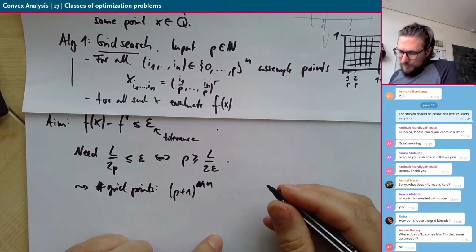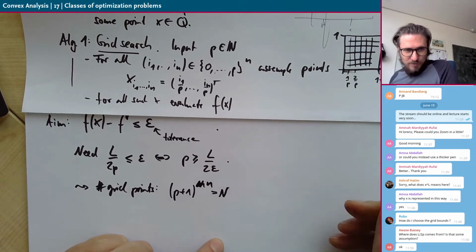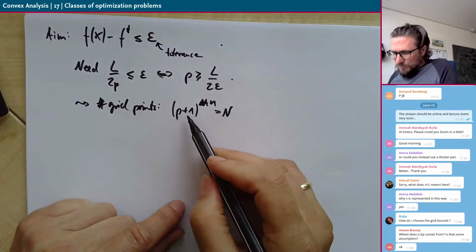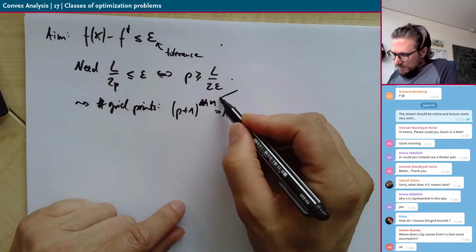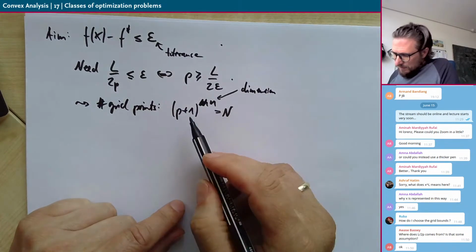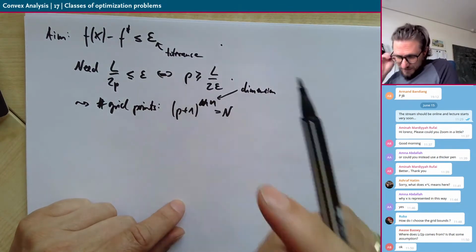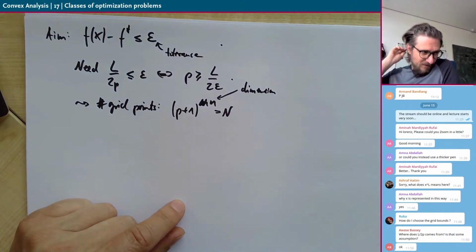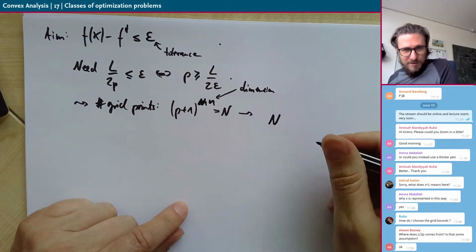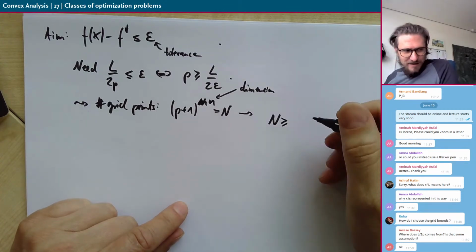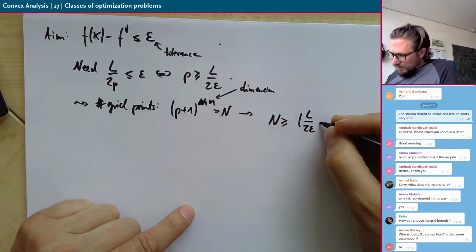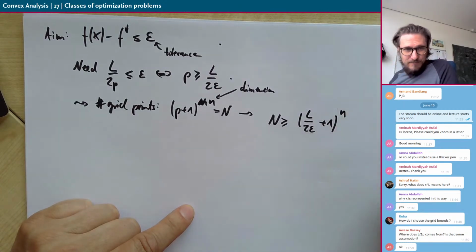This is the number of grid points we have to check, and I wanted to call that capital N. And so plugging in the p which we need to choose, we get that the number of points which we need to examine is larger or equal to L over 2 epsilon plus 1, to the n.